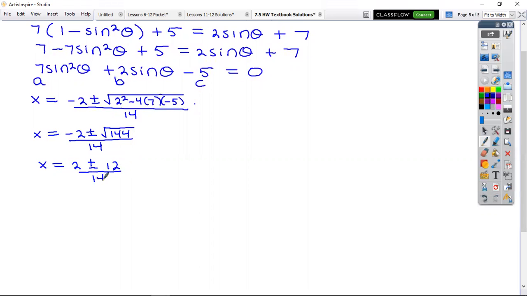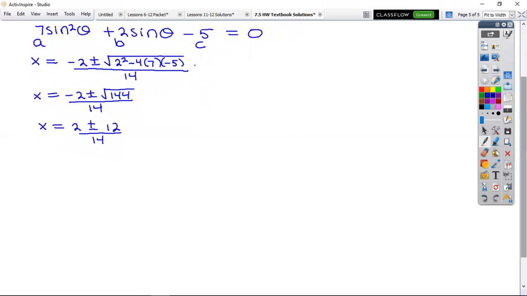And now you're going to put your sign back in. Okay? You're going to do your cases now. So I'm going to say sine theta is equal to 2 plus 12 over 14. So sine of theta is equal to 1, and we'll work with that in a moment.